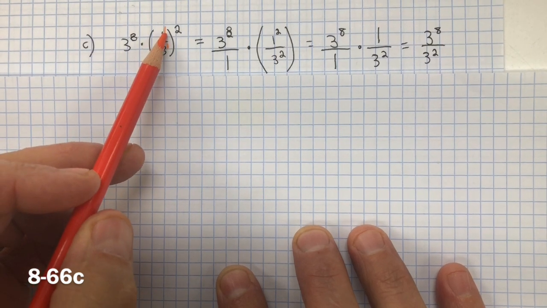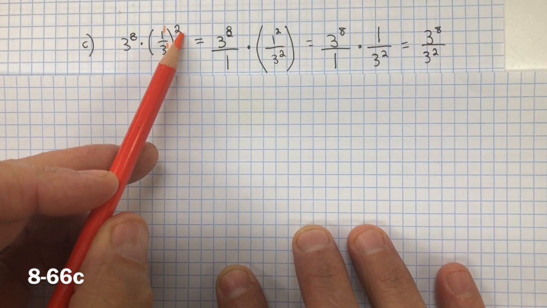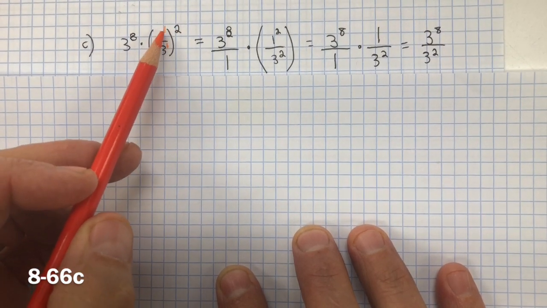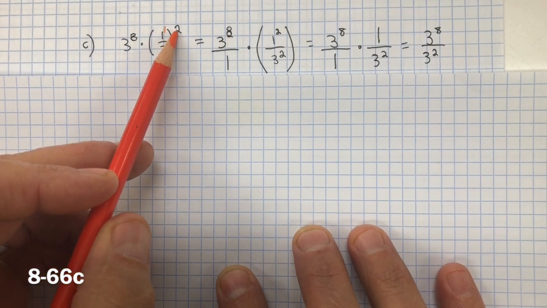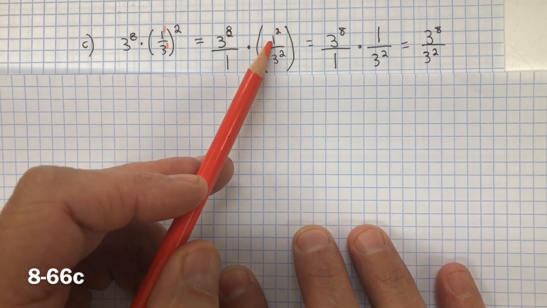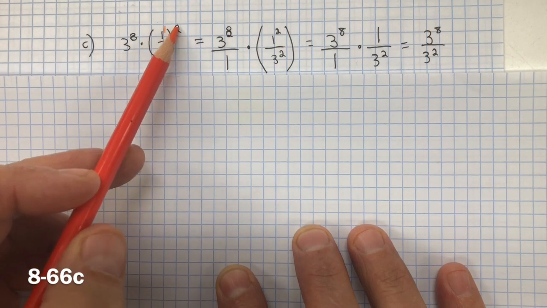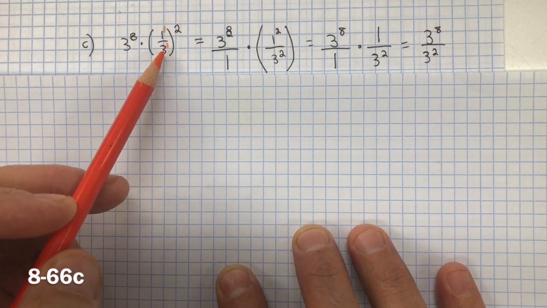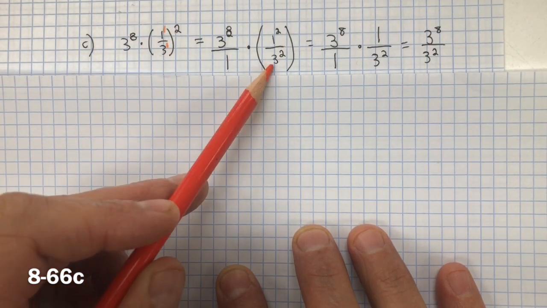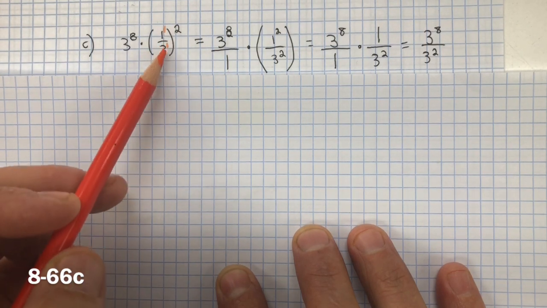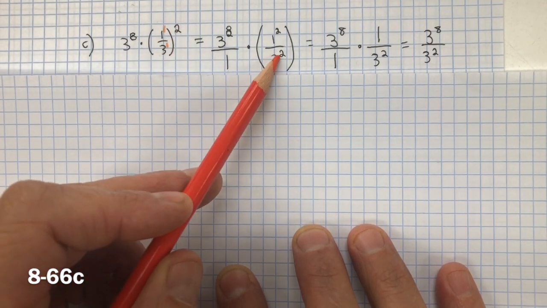When you have a power raised to a power, you multiply them. So 1 multiplied by 2 is 2. So it's 1 to the second power. And then we distribute to the denominator, keep the base, and multiply the exponents. 1 multiplied by 2 is 2.